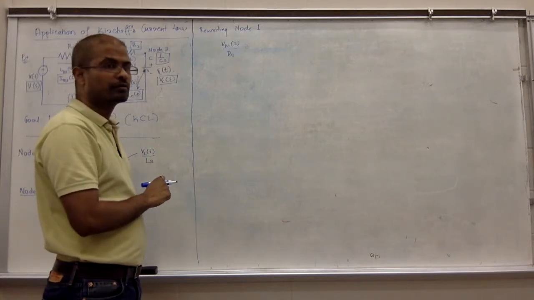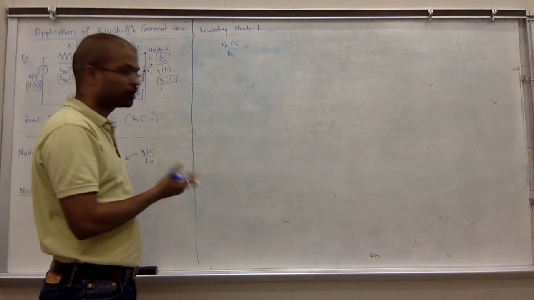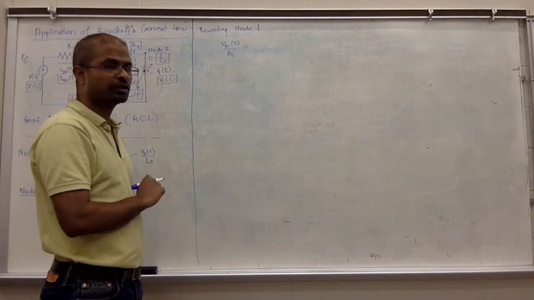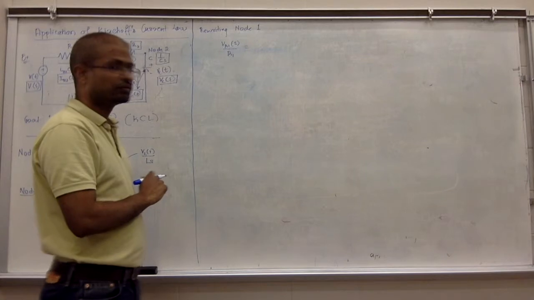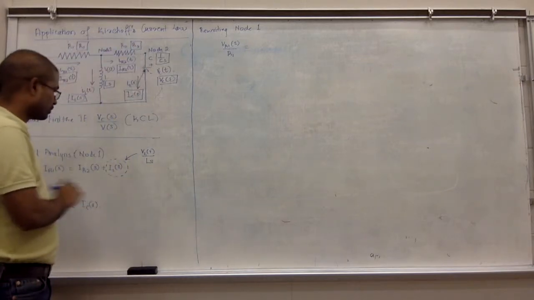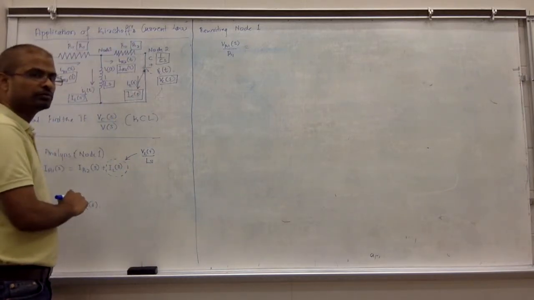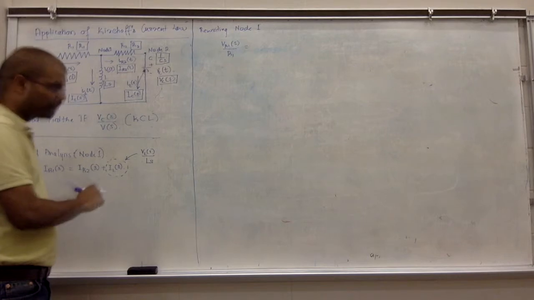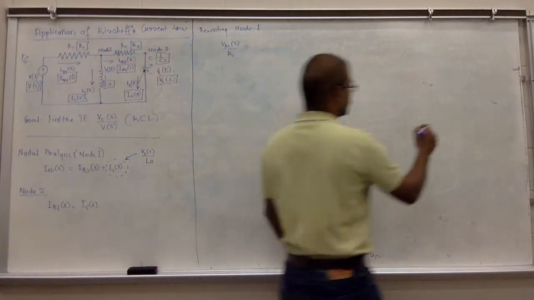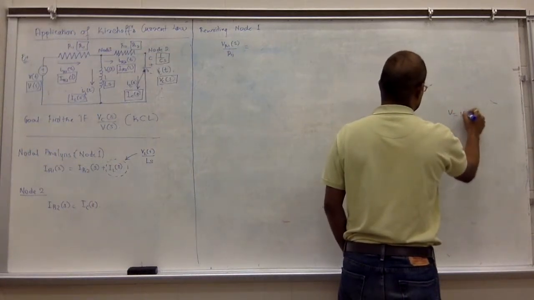You should be able to understand this. If you don't understand this, then it is difficult for you. The VL of S is also Ohm's law, but that L is not a resistor, so V equals IR doesn't apply. Ohm's law for a resistor is V equal to IR.